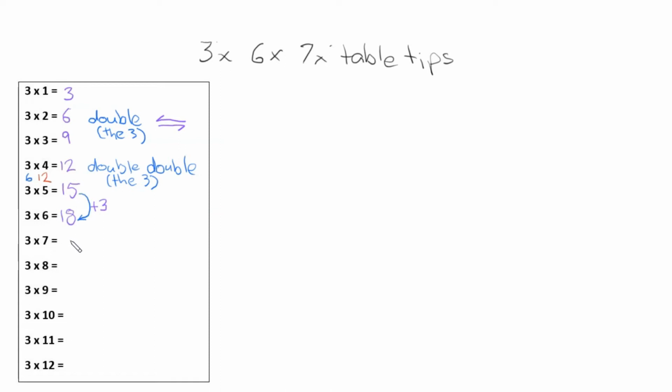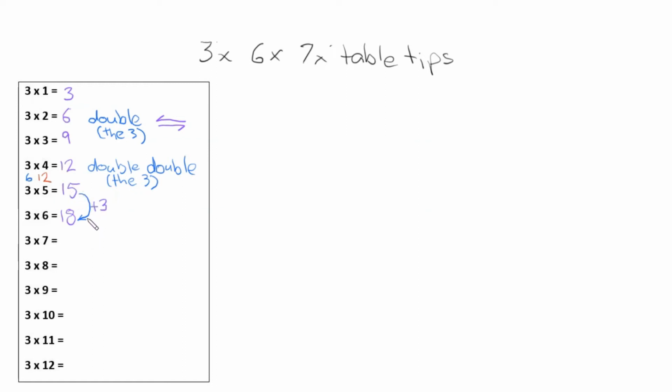3 times 7 is the same thing. We could skip count in 3s, and I can remind you of the rhythm. 3, 6, 9, 12, 15, 18, 21. Or we can just take from the previous step, okay, 3 times 7. I know 3 times 5, so I'll go there. 3 times 5 is 15.